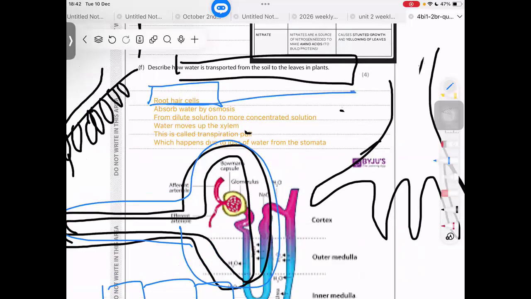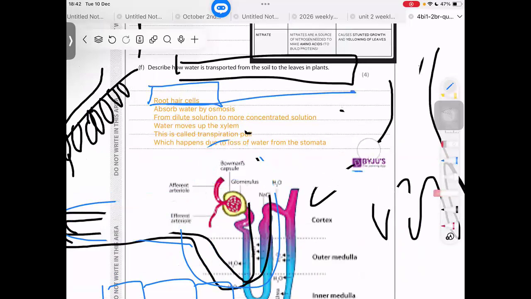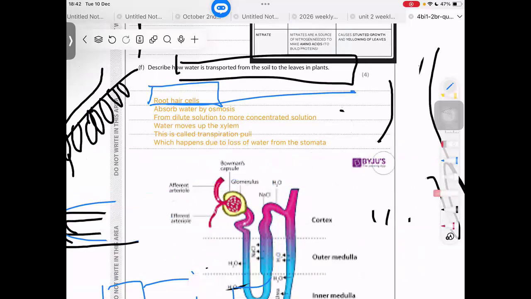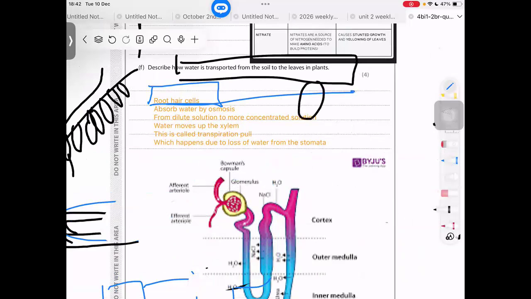Then you can mention how water is absorbed. You know that water is absorbed by the process called osmosis. Osmosis is a special type of diffusion. Actually, it is the diffusion of water molecules, right?